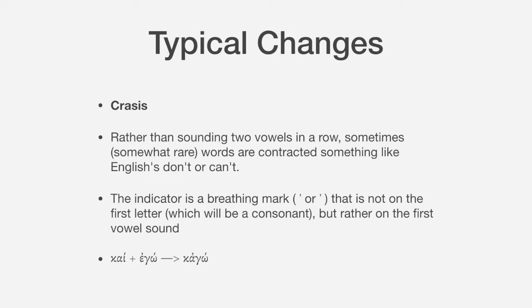But in this case, it's 2 vowel sounds that they didn't want to pronounce individually. Now you can note here that there will be a little indicator that this has taken place. The way you recognize crasis is you have one of these breathing marks, which look like a quotation mark, and you have it after a consonant. Again, you don't have to remember this. I'm just telling you in advance so that when you come across something like this, you'll say, ah yes, I remember hearing something about that.